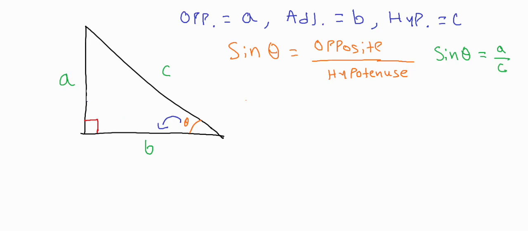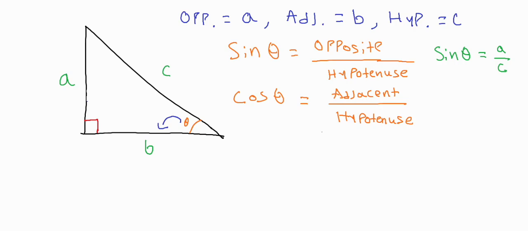Now, what about cosine of theta? Well, cosine of theta equals adjacent over hypotenuse. And using our triangle here, how can we find that?